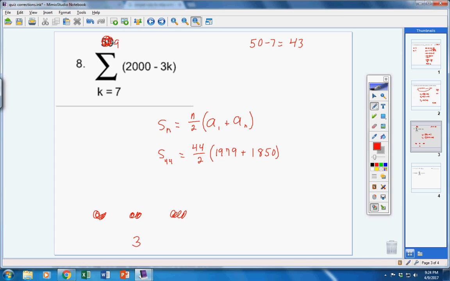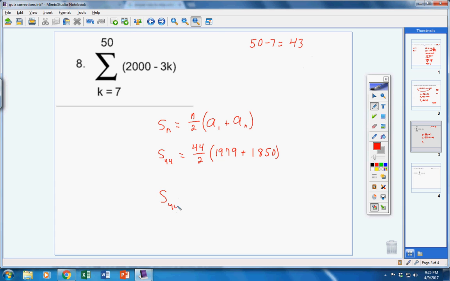Anytime you take your greatest value minus your smallest value, you have to add 1 to get your total amount of terms. I just proved that to you right here. If you got a 9 and a 7 here, 9 minus 7 is 2, but you'd really have 3 terms. A term for the 7, a term for the 8, and a term for the 9. So that's why you have to add 1, okay? So 50 minus 7 is 43, add 1, you get 44.